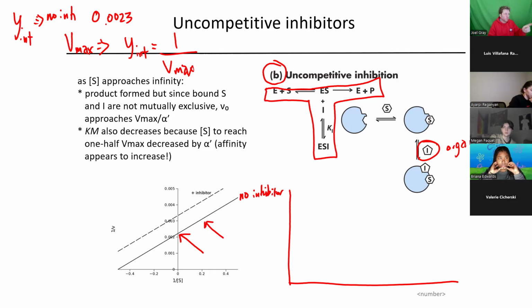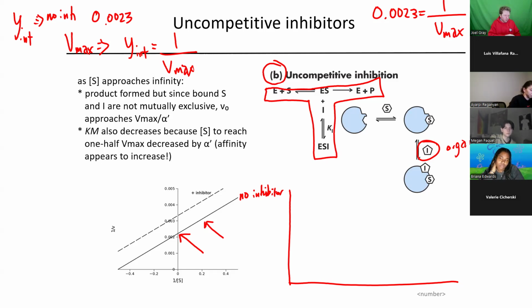I just solved for my y-intercept. I said that was, and I'm going to come over on the right-hand side of the screen, 0.0023 equals 1 over Vmax. Does everyone follow what I did there?